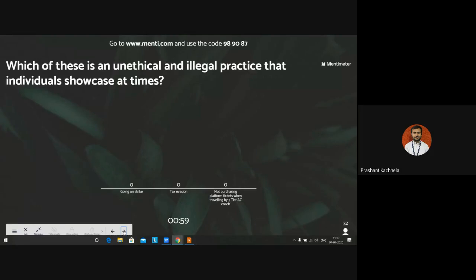Reply as fast as you can so that you can get more points and your name will come on the top side. And also reply with the correct answer. So 40 seconds left now.